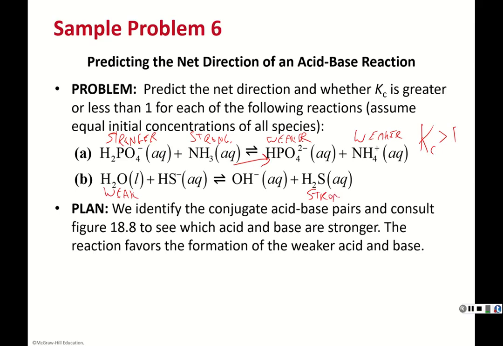The other conjugates are going to be the same pattern, so this would be a weaker base than OH minus. So what does that mean? We go from strong to weak, so the equilibrium will lie towards the left, so Kc would be smaller than 1.